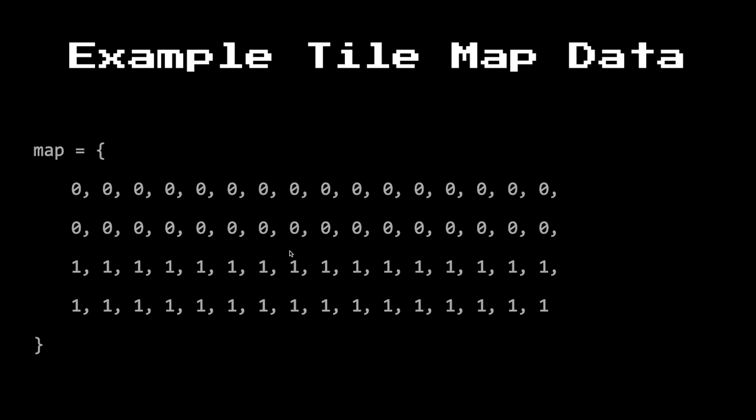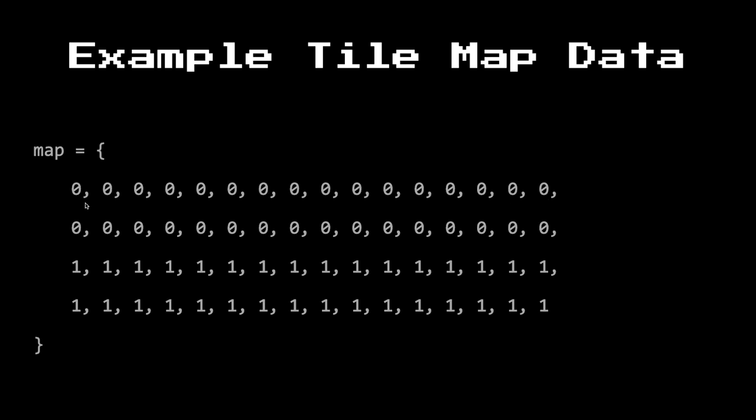If we go back over here and look at this, we have a two-dimensional map, but really we have a one-dimensional map that's representing a two-dimensional map space. If y is equal to 1, and we subtract 1 and we add x, then we're getting anything within this top row.